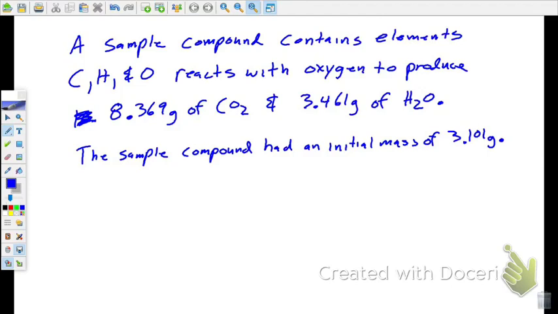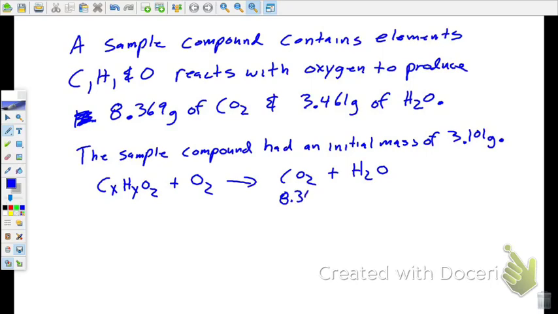So what we have is a compound that's CxHyOz reacting with oxygen, and it's producing CO2 plus H2O. Okay, so that's what's being produced, and the amount of CO2 produced is 8.369 grams, and water produced is 3.461 grams.